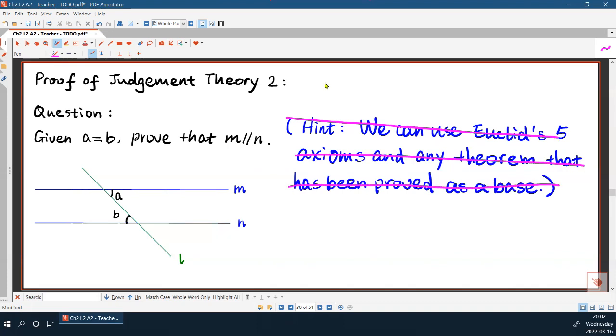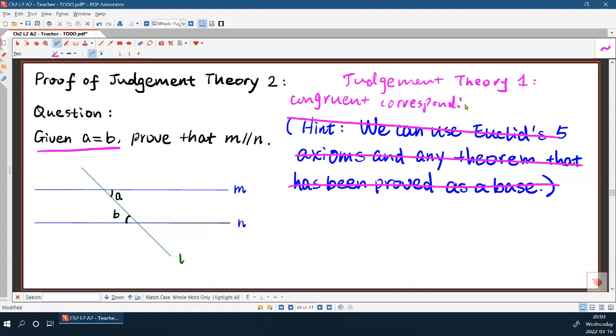Okay, let's consider this problem this way. First of all, the given information is A equals B, right? And remember that we can use Judgment Theory 1. In Judgment Theory 1, it states that if we have congruent corresponding angles, then we have two parallel lines, right?